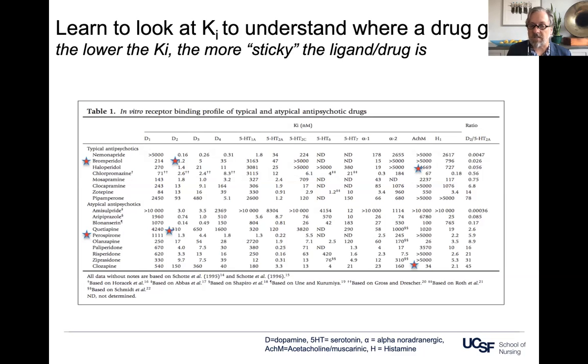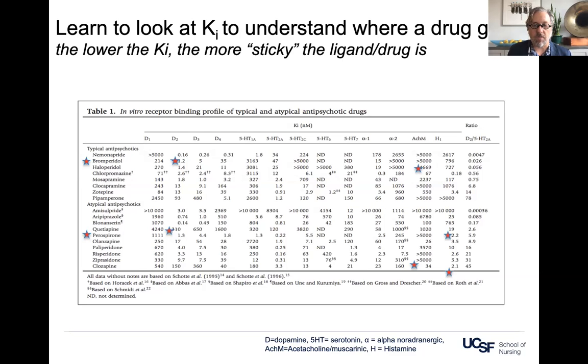It has a Ki of almost 5,000. Whereas you compare that to something like clozapine, which has a Ki of 34 at the acetylcholine receptor, so clozapine has a lot of anticholinergic side effects. We can predict that from looking at this chart.